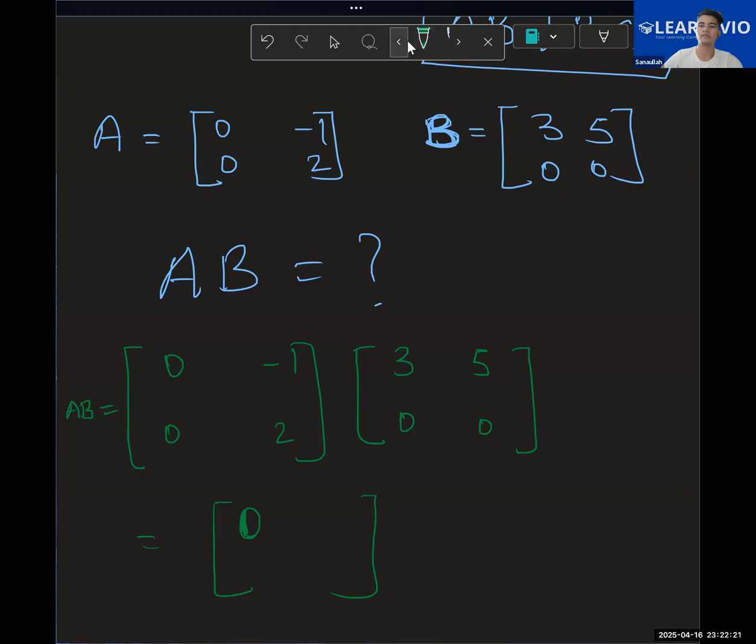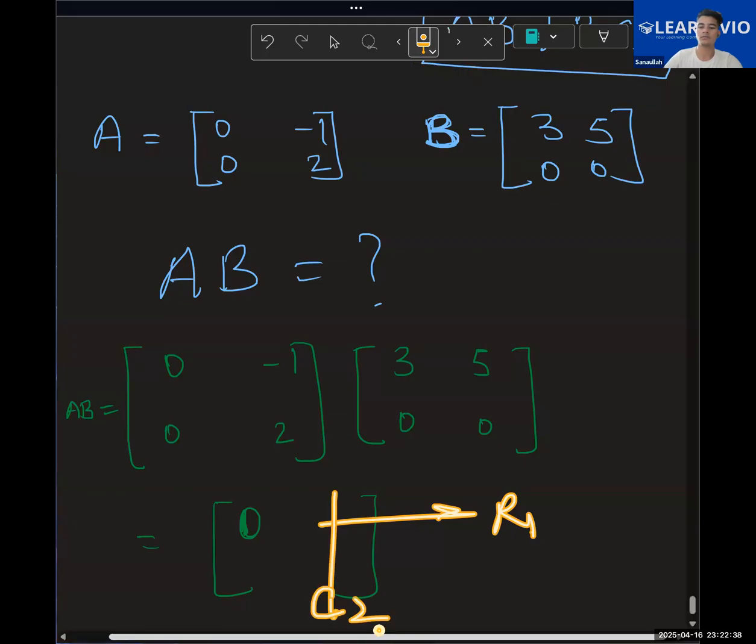Now, sir, what do I have to do? For the second element, I have to take this first row and second column, because here it will be first row, second column. This is first row R1 and this is column 2. Understood now?